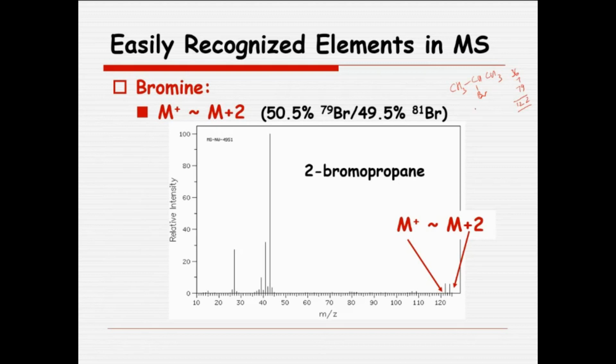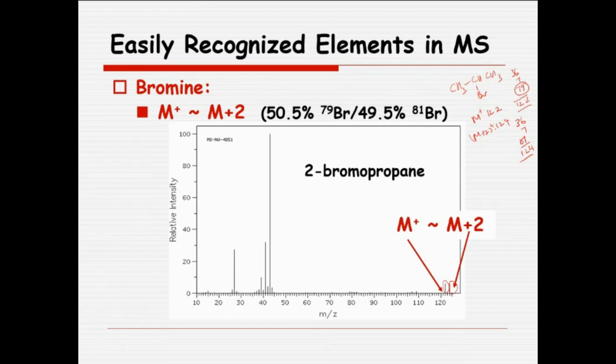So 122 corresponds to the molecular ion peak, the M plus dot peak. I have just taken bromine as 79, but I don't know if it's 79 or 81. So I can also have 36 plus 7 plus 81, which will be 124. That is the M plus 2 peak. So I'll have peaks at 122 and 124.